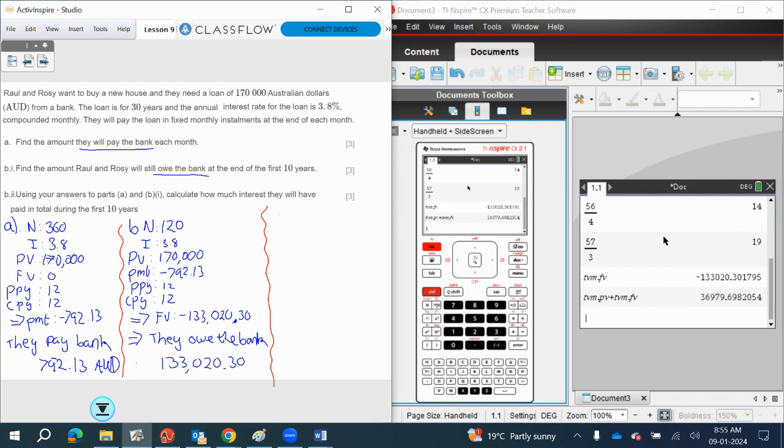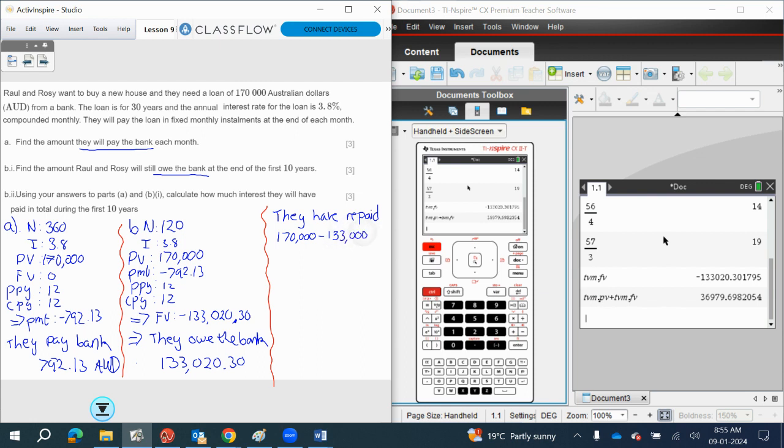Okay, so they have repaid, and I'll just do this in three significant figures: 170,000 minus 133,000.